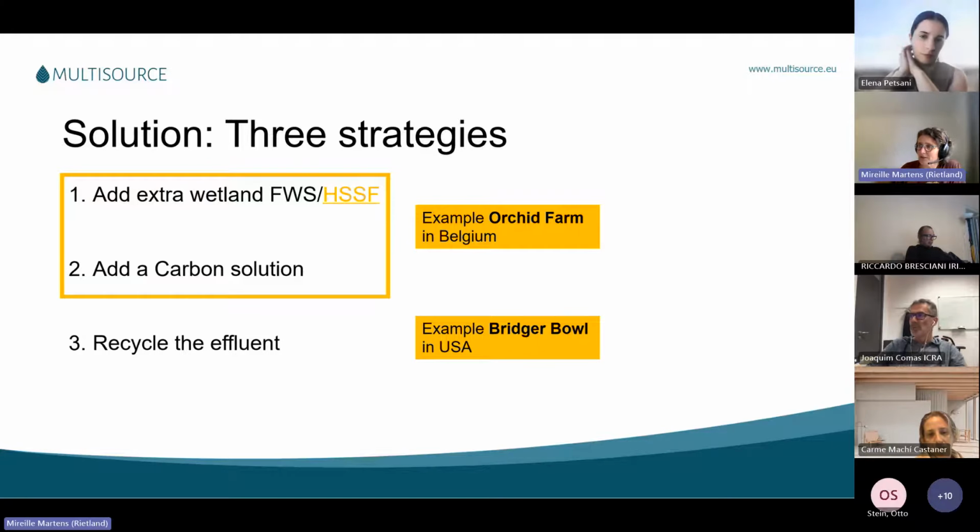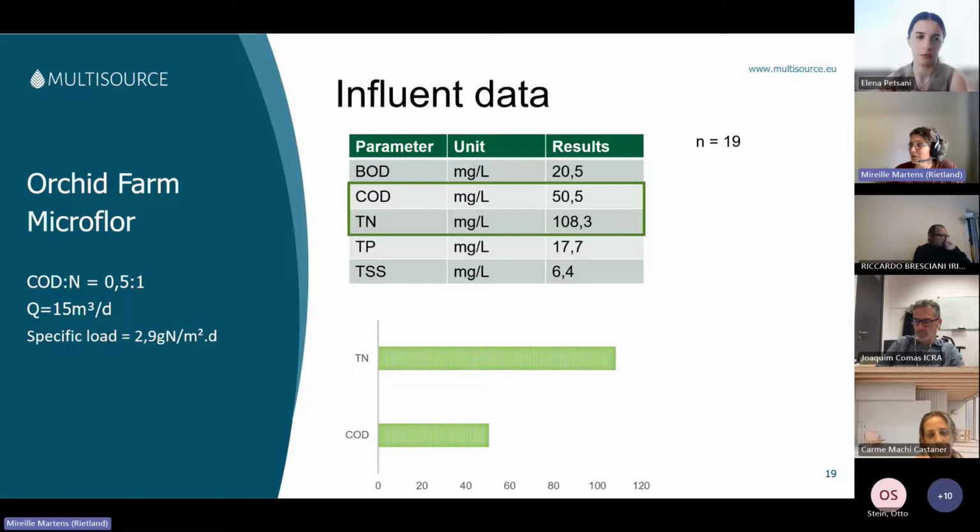So nitrification needs carbon, so that will never happen if you don't do something extra. So the COD-N ratio is 1/2 to 1, and the specific load is 2.9 grams nitrogen per square meter per day in this.